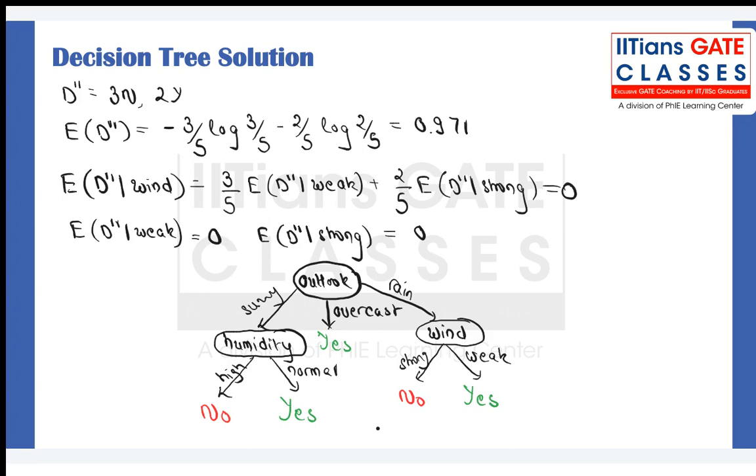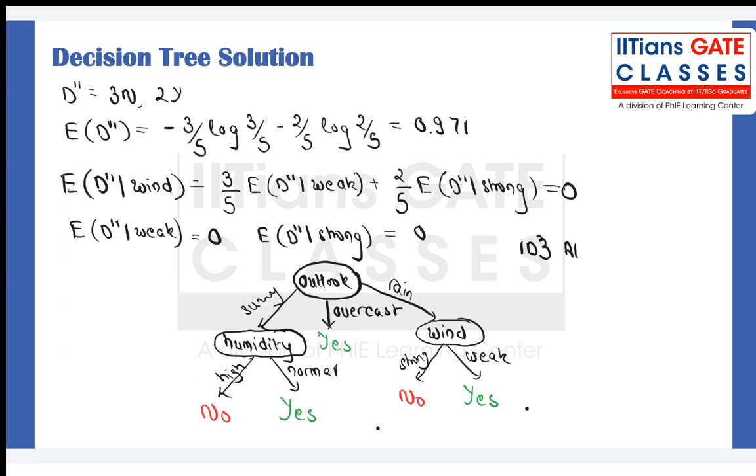This algorithm that I used was using entropy, right? This uses entropy and information gain, and that is why this algorithm is called the ID3 algorithm, iterative dichotomizer.